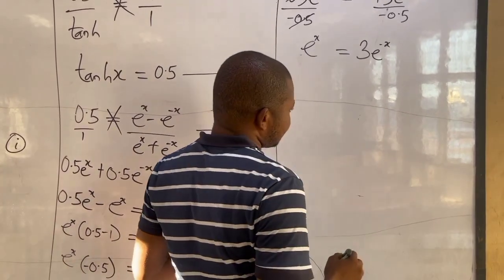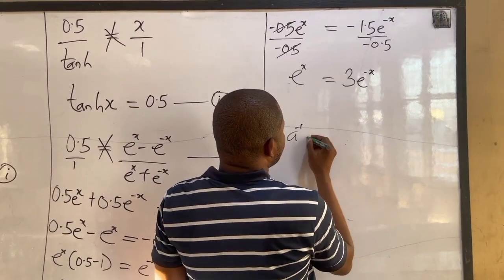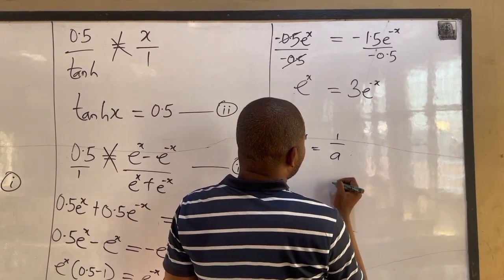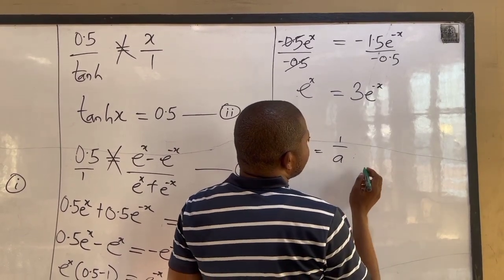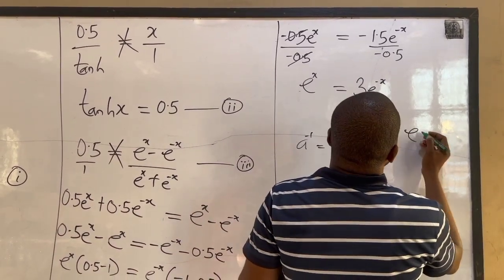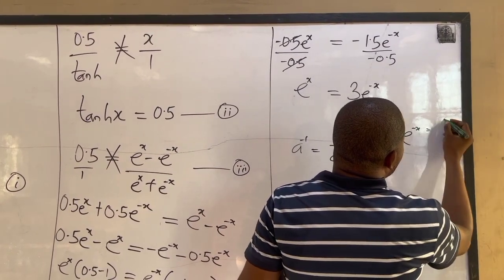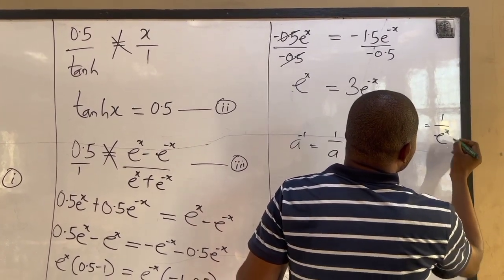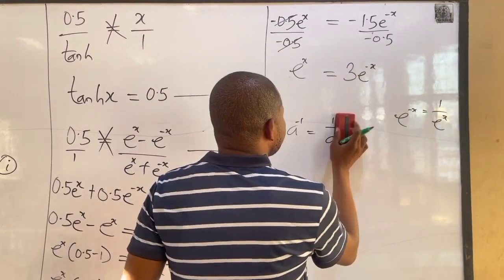Mind you, in indices, I still recall a raised to power minus 1 gives you 1 over a. So having this minus here means this, e exponent negative x, is something like 1 over e exponent x. That is what it means.